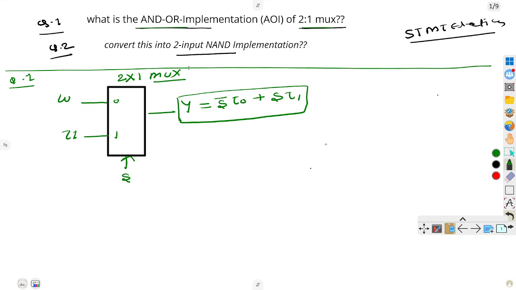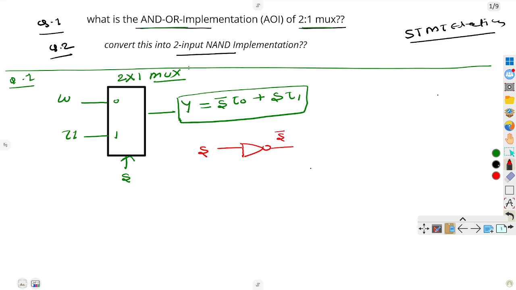So this is very easy. How can we design using two-input AND-OR gates? This is very simple. So this is the inverter. Firstly, here I will make an inverter. Okay, this is S and this is S bar.